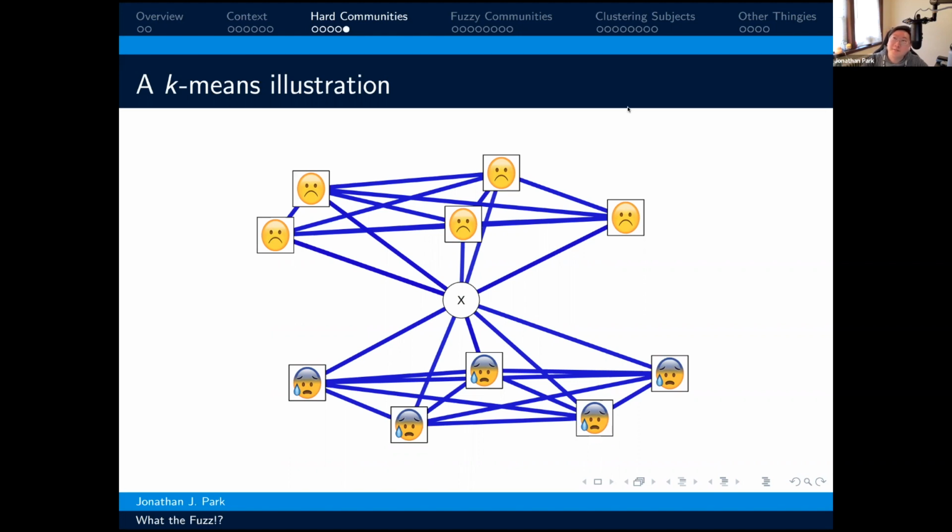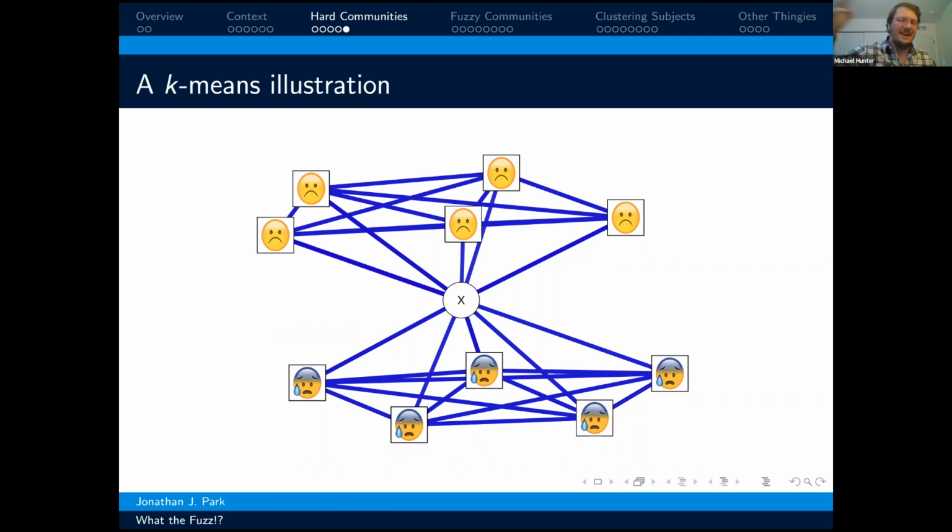Yeah, I don't know. Here, for example, with this k-means, it's not even a dynamical system, but if X just dropped out of the graph entirely, you'd have a totally different graph structure, with it versus without it.